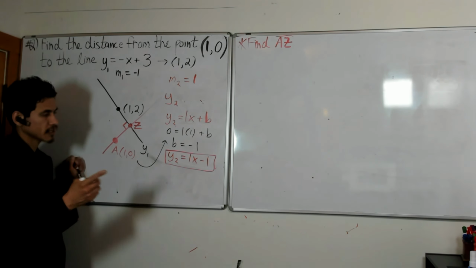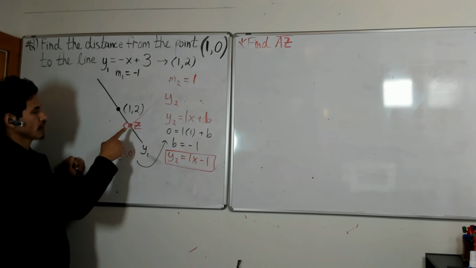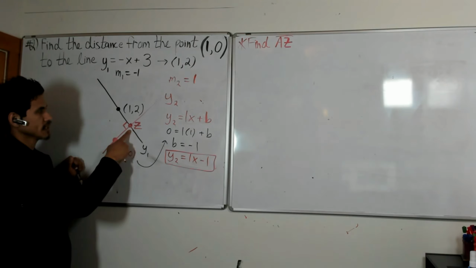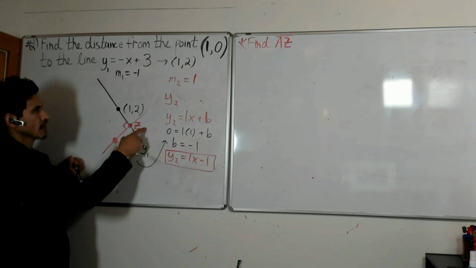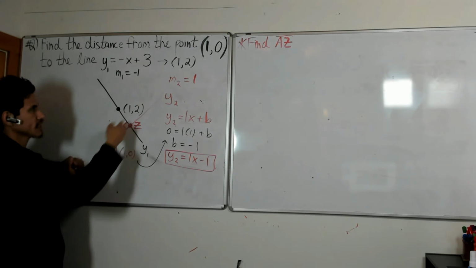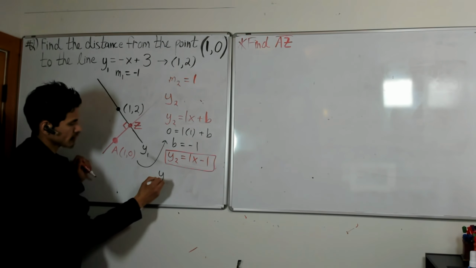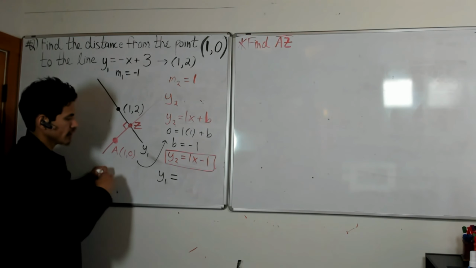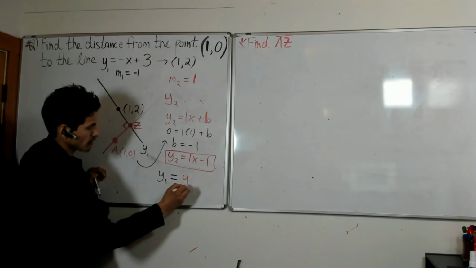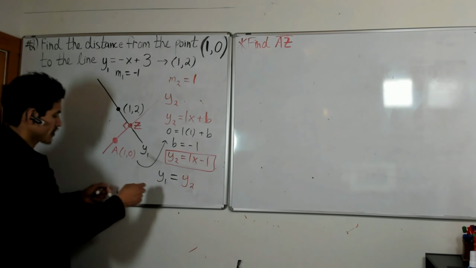All right, so that's the first part. Now we have to figure out the coordinates of point Z. That's going to be where y1, this line, and y2, this line, equal each other. So we want to solve the equation y1 equals y2.